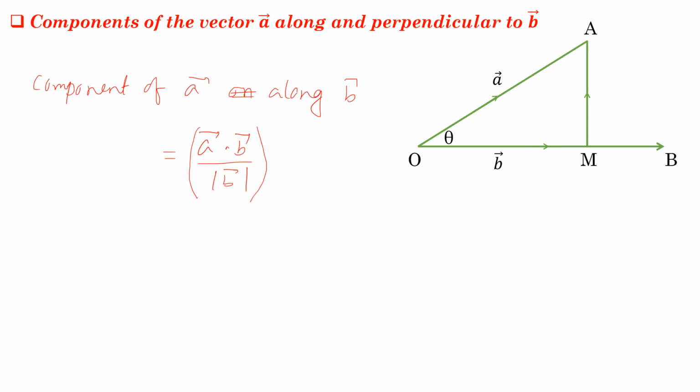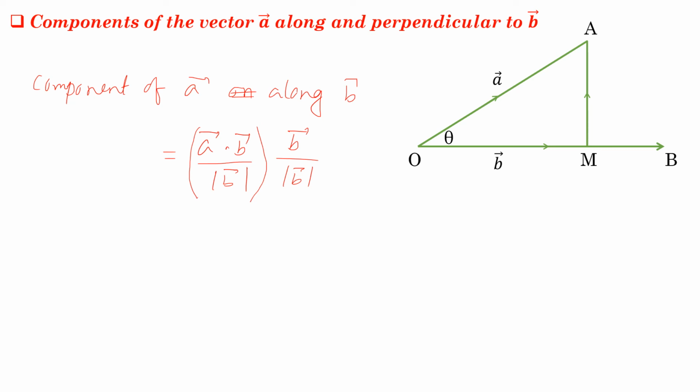Then to make this a vector in the direction of b bar, I take a unit vector in the direction of b bar, and that is simply b bar by mod b bar, which is b cap. So to find the component of a bar along b bar, first you write the projection of a bar on b bar, and then you multiply by a unit vector in the direction of b bar.